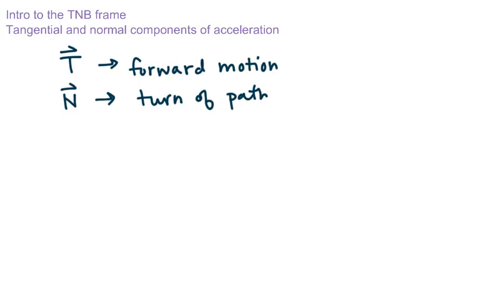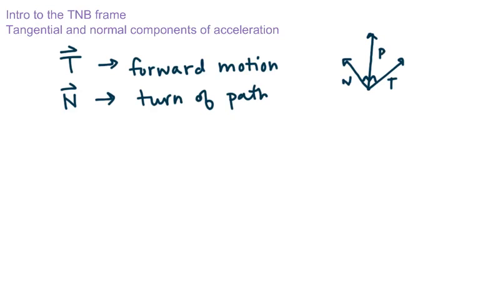So the tendency of your motion to twist out of this plane, which is created by that T and N vector, that twisting that may occur as something spins through space, that is going to be perpendicular to those vectors.